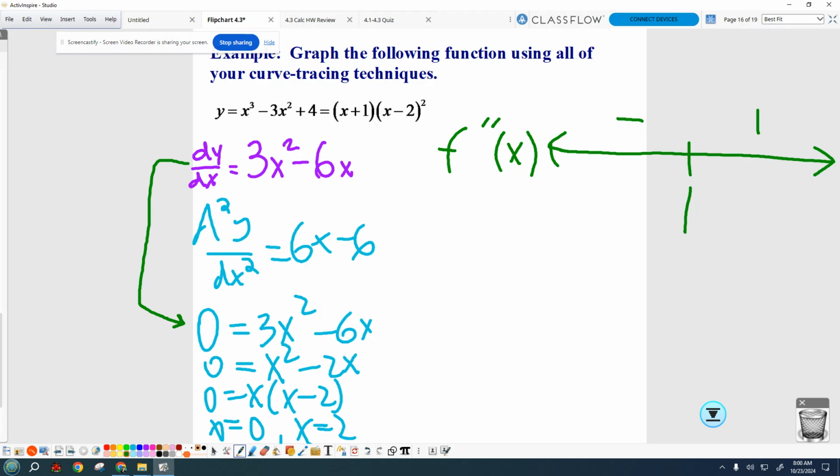What is 0 or undefined? The point is 0 or undefined. So would this be the inflection point because the sign of the concavity of the f double prime function is changing, and when you plug it back in, it's defined, so it is an inflection point? Yes, exactly what he said.